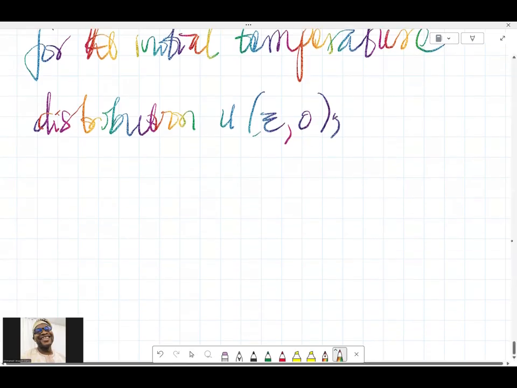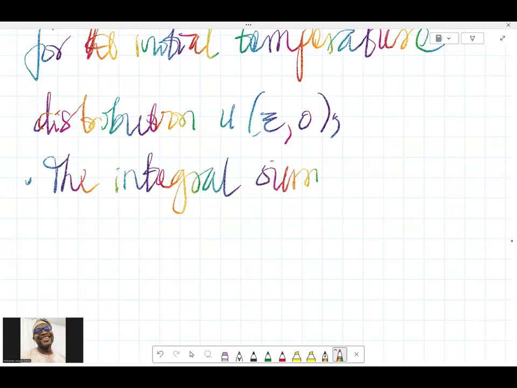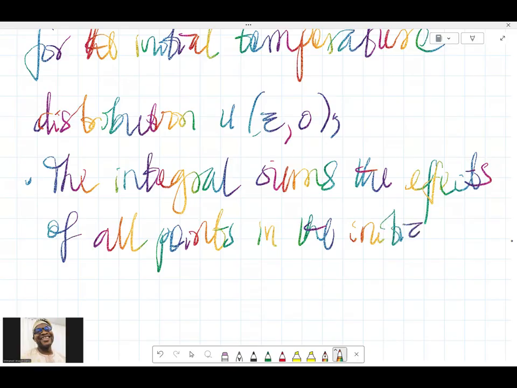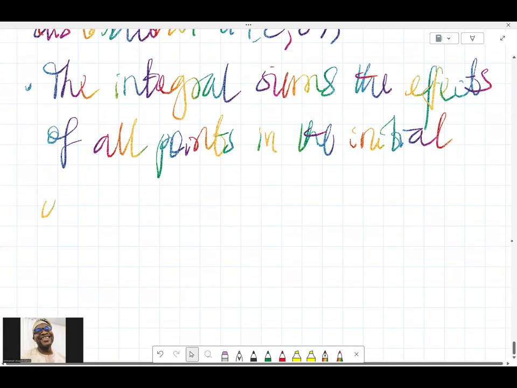And then we also have that the integral sums the effects of all points in the initial distribution.